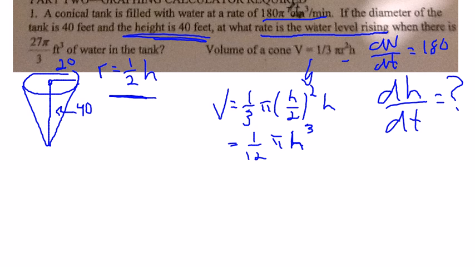Now I only have one variable. They give me height here, and I do my derivative with respect to t. I have the height, and I also have the variable that I'm looking for. I'll have a dh/dt. So that's V. Okay.